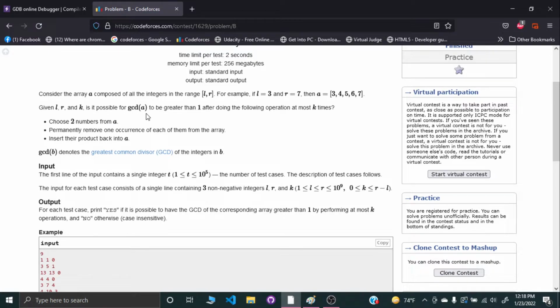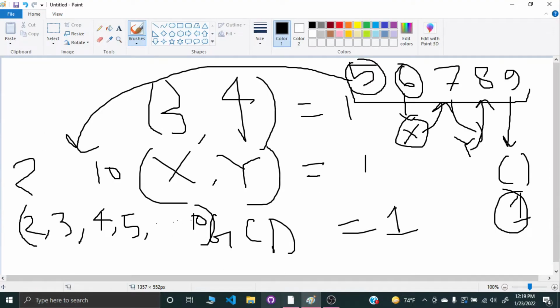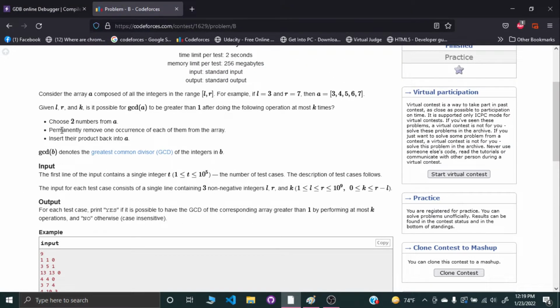And what are the operations? In each operation, you will choose two integers, and you will have the authority to remove one occurrence of each of them.